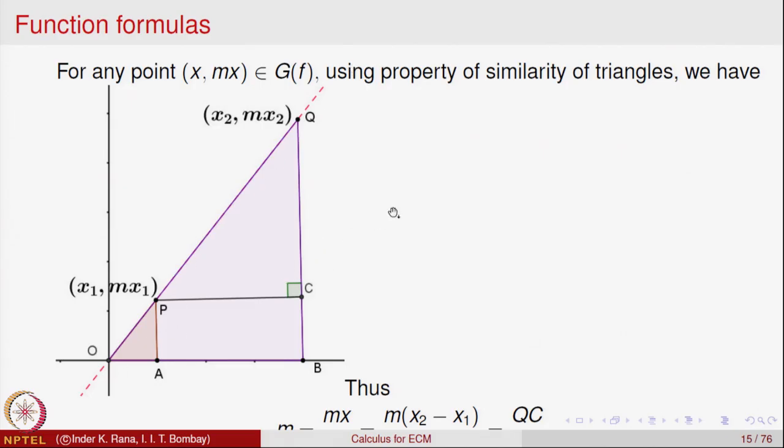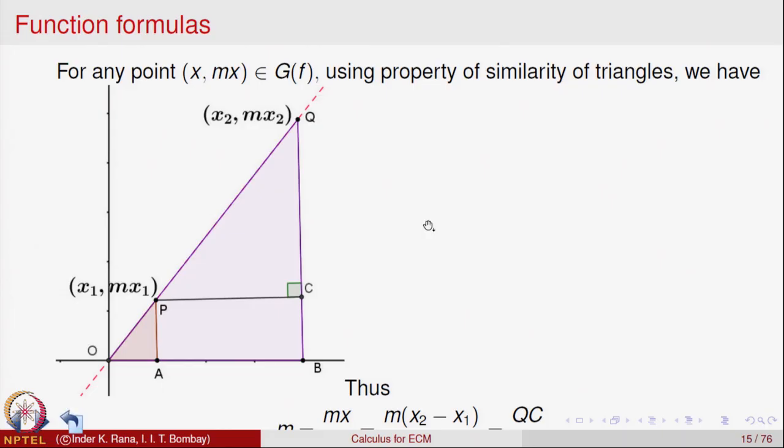So, the graph of this, because if I take any 2 points on that line, then the ratio is same. So, for every point x, if I take a point here, the ratio is going to be same. So, that triangle is going to be similar to this triangle. So, all these points are going to lie on the line.